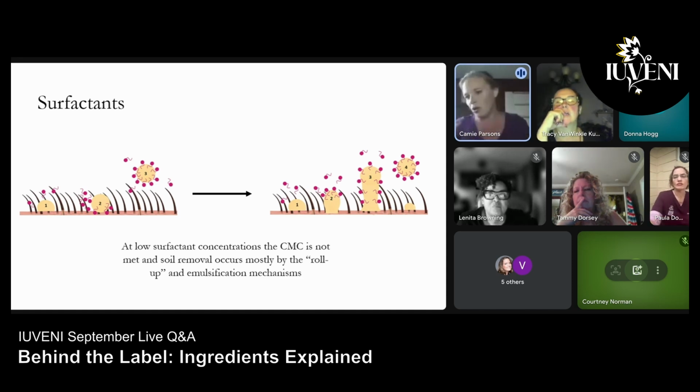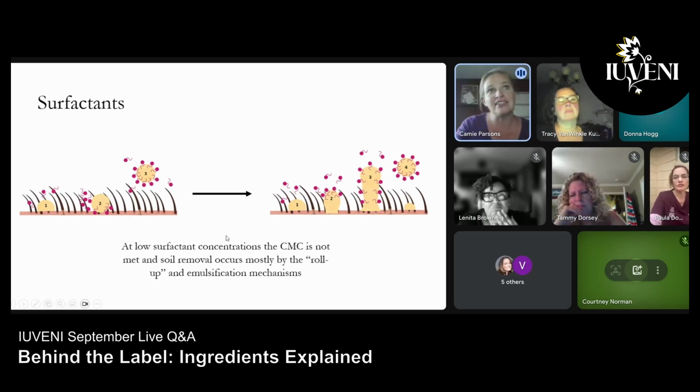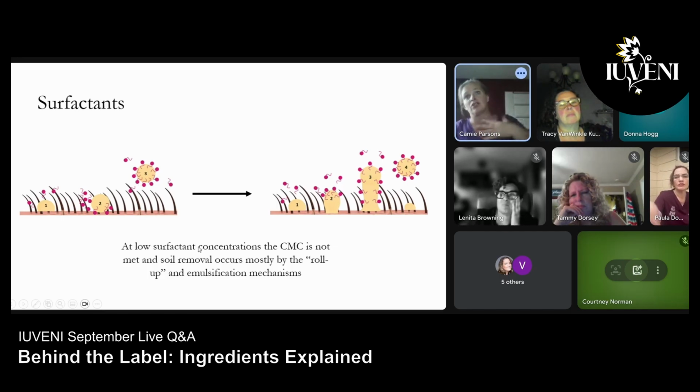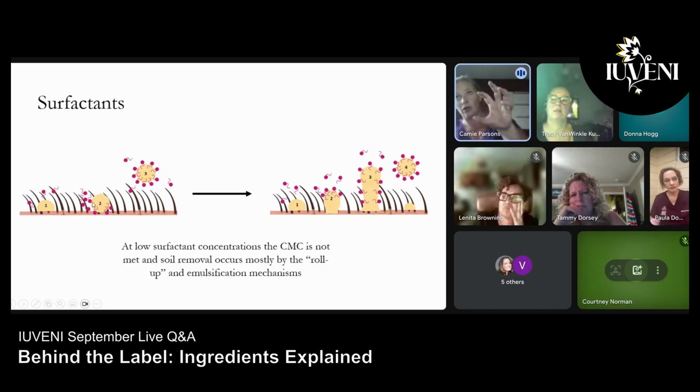So obviously oils are going to repel water, but you can get a micelle to form around this oil and it will act different, which means it will rinse away. So emulsification actually gets these surfactant molecules to the oil.